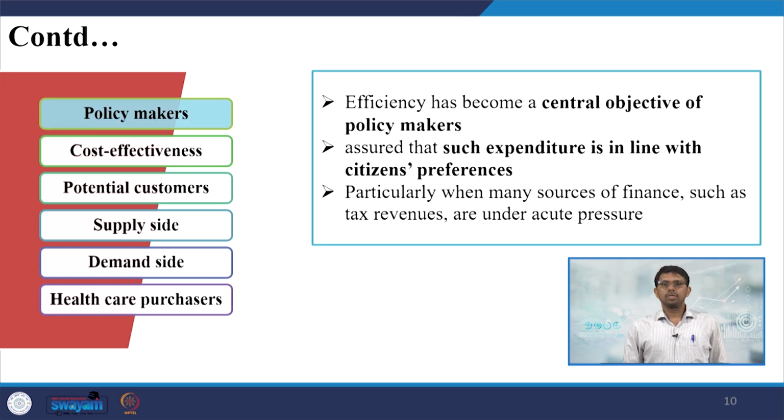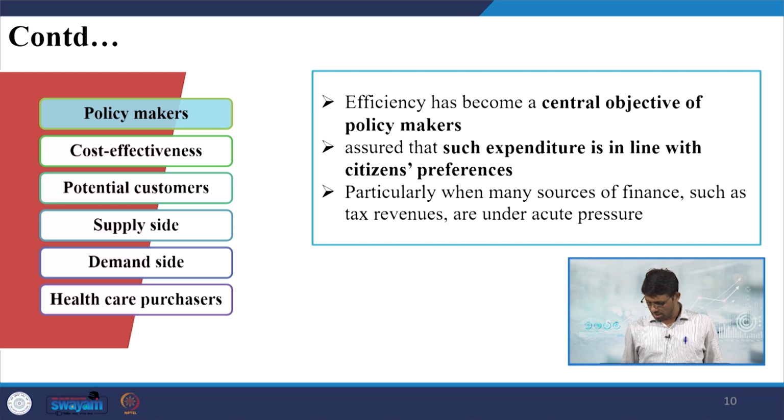Efficiency has become a central objective for policymakers. They want to assure that expenditure is in line with citizens' preferences. When we look at the efficiency scores of each public healthcare provisioning unit and see that expenditure is in line with citizens' requirements, then it's perfectly fine.